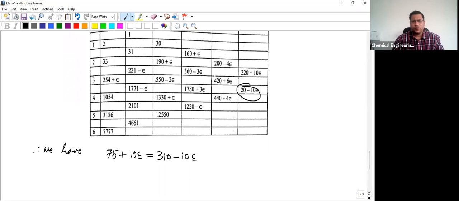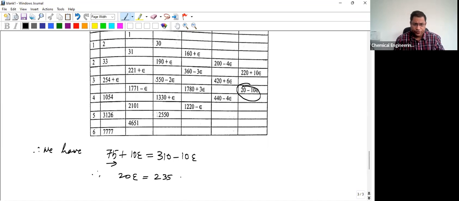Okay, so fine. What do we get here? So we'll have 20 epsilon is equal to 75 on the other hand side, and what will we then have?